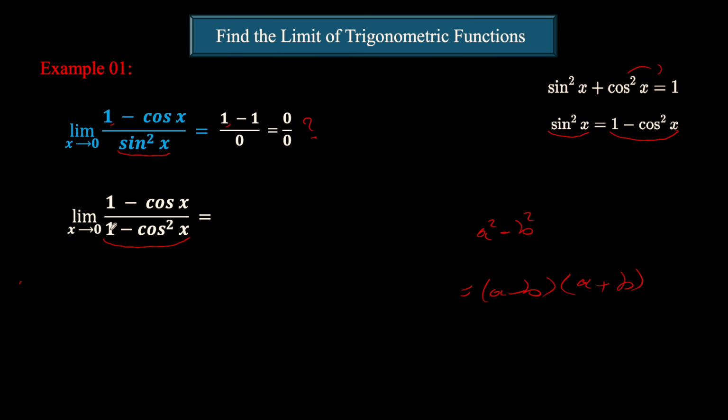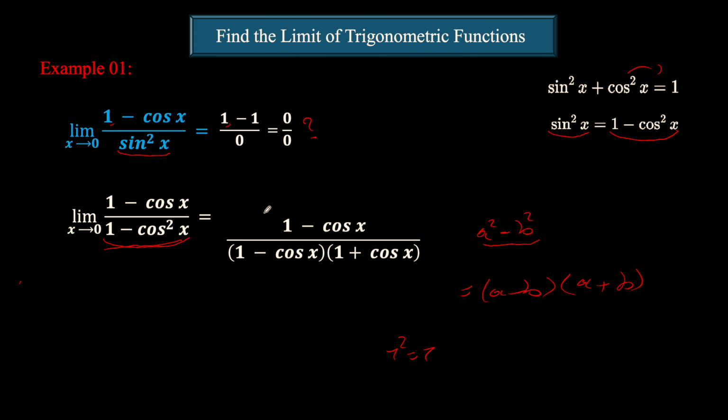So this shape, 1 minus cosine squared x, is the same as this one. Here, 1 squared is equal to 1, okay? So 1 here, you can say it is squared by default. So this one and this one have the same shape, so you can apply the difference of squares.